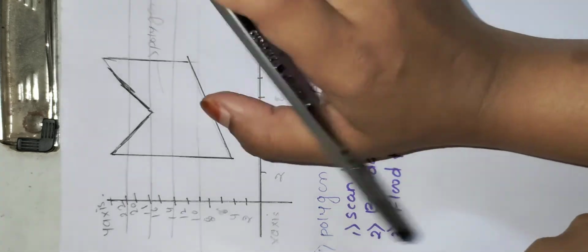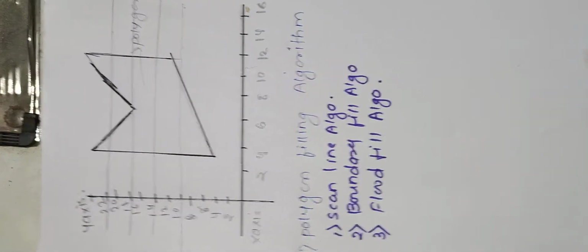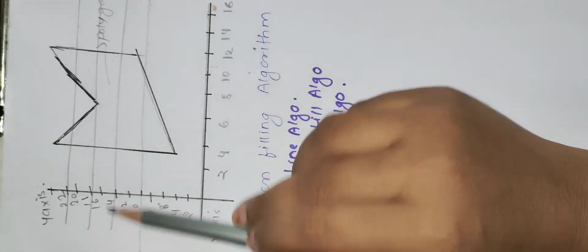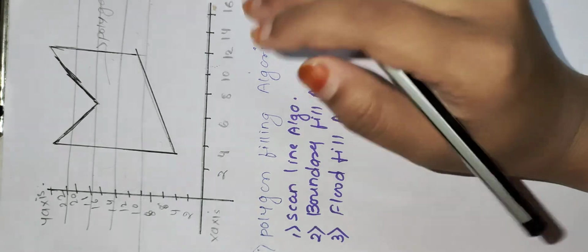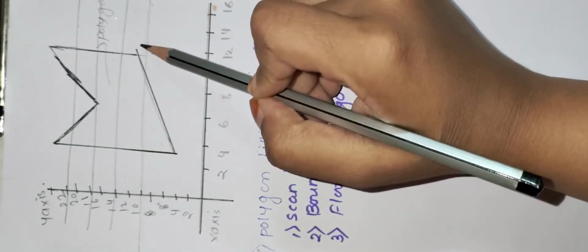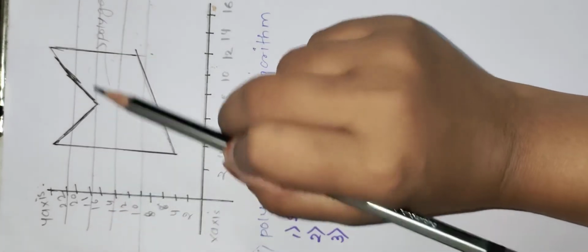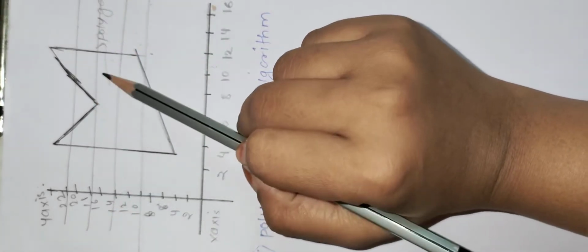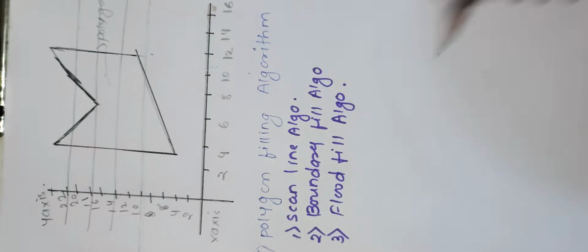These lines pass through the polygon, so they intersect the polygon.